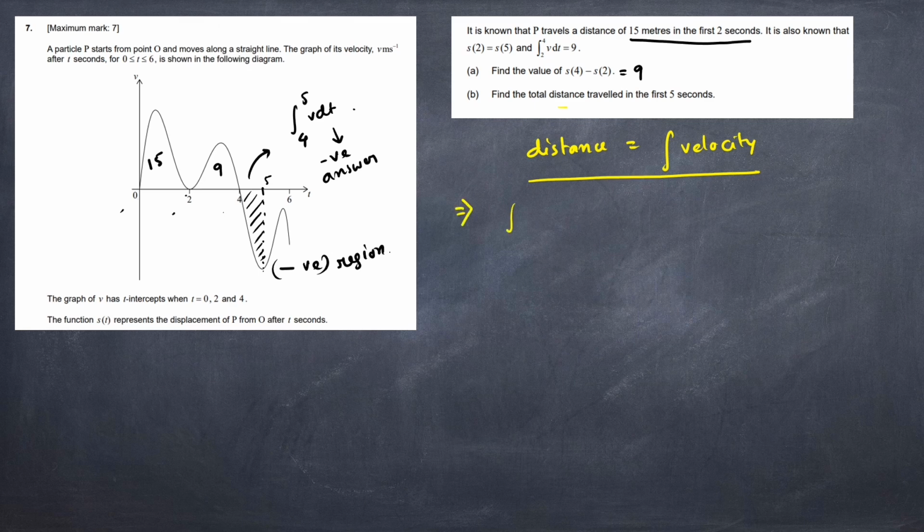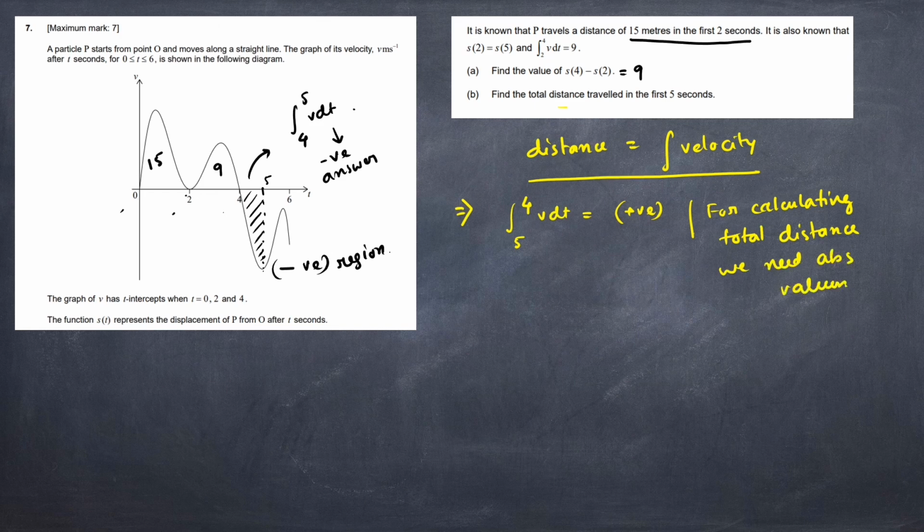If we change the integral to 5 to 4 of v dt, then this particular area will be positive, and for calculating total distance we need absolute values.